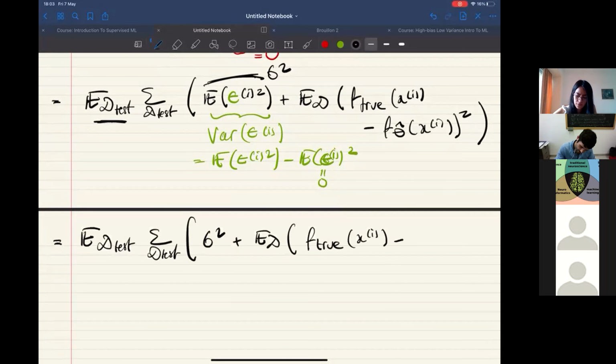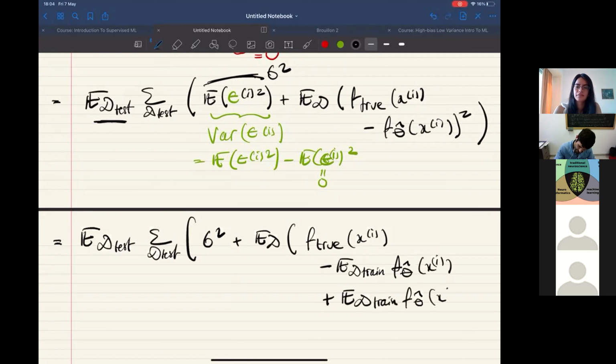I will remove the expectation over the training data of my model. Okay. I will add again the same thing. So I'm just adding 0. So I can do that always. And I have the last term here. Okay, all that to the square.